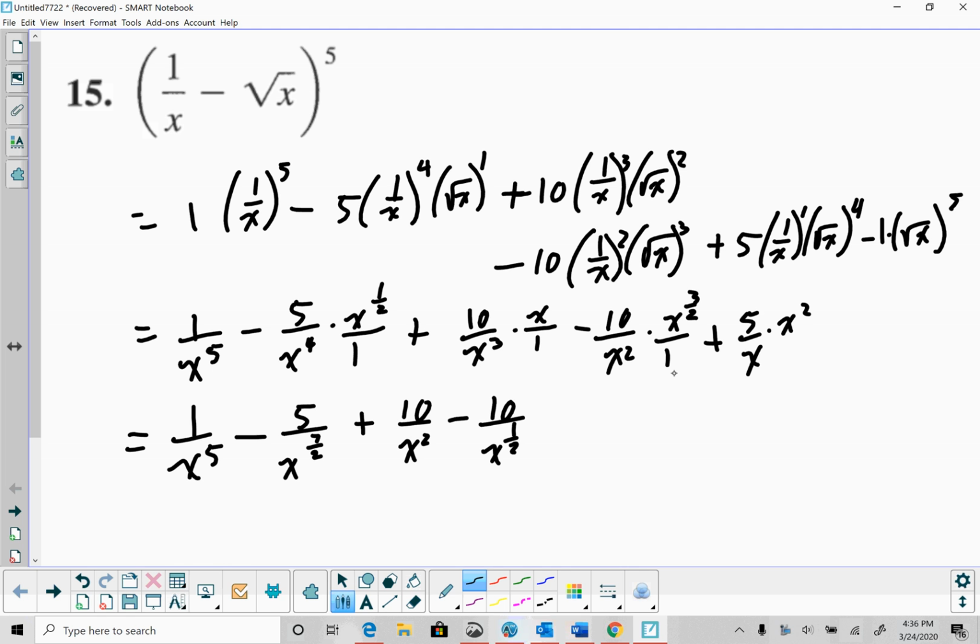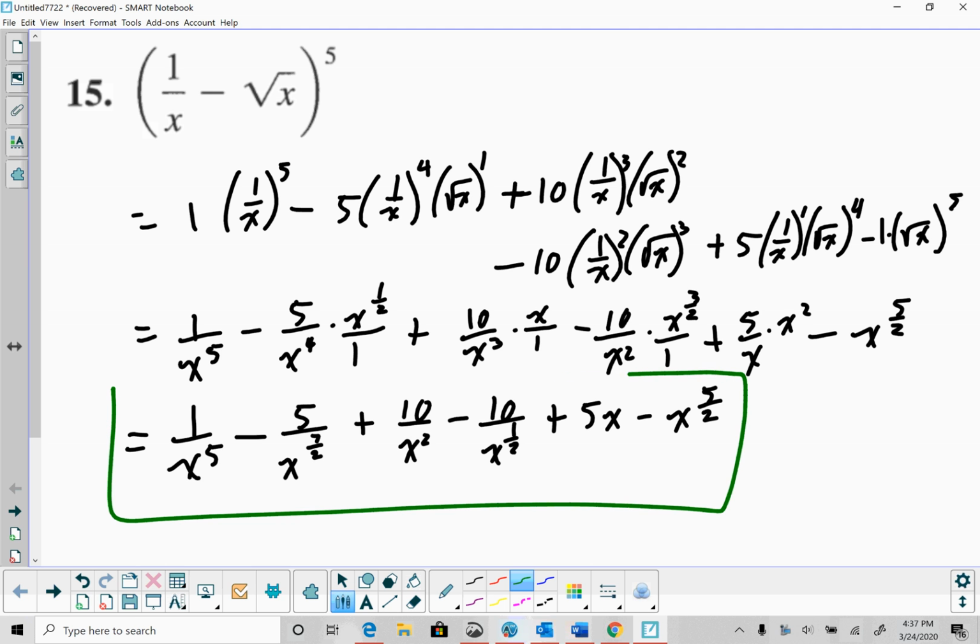Oh, again, that'll reduce down. That gives us a nice, wholesome 5x. Minus, well, really the only thing that we can do there is square root of x is x to the 1/2 times 5. That's minus x to the 5 halves power. It's not pretty, but it is correct.